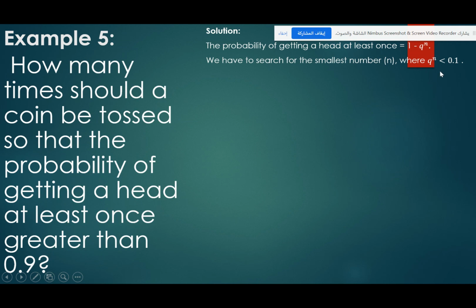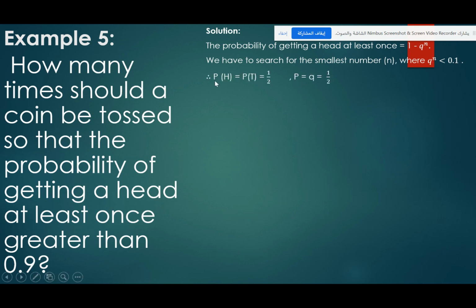Because we said that 1 minus q to the power of n is bigger than 0.9. If you deal with the inequality and reverse it, you get q to the power of n is smaller than 0.1. So let's deal with that.